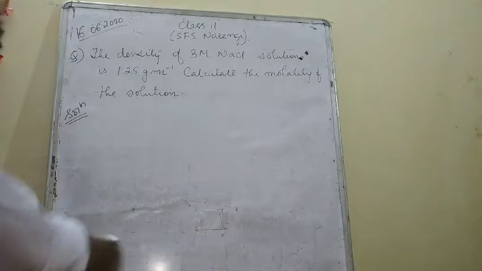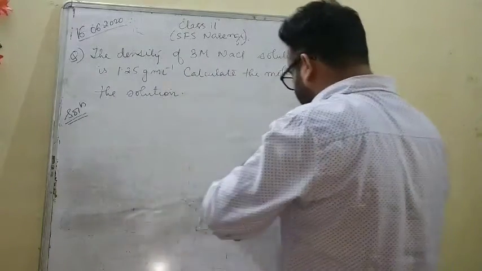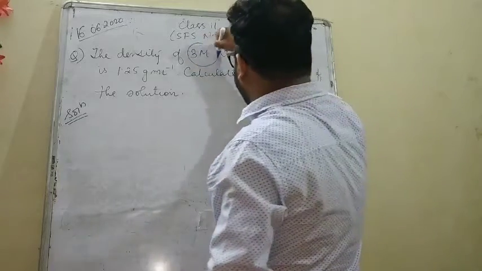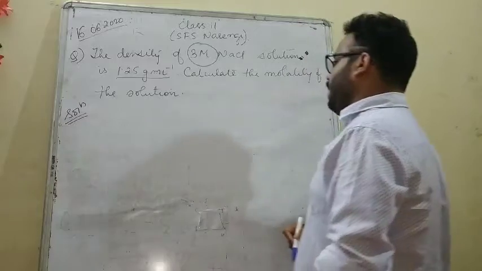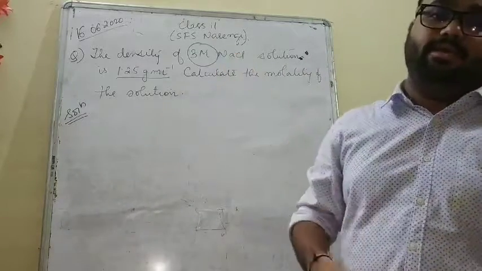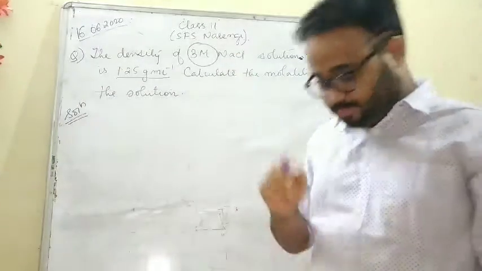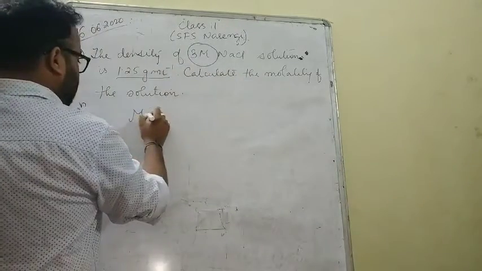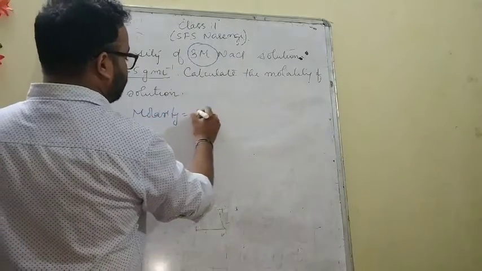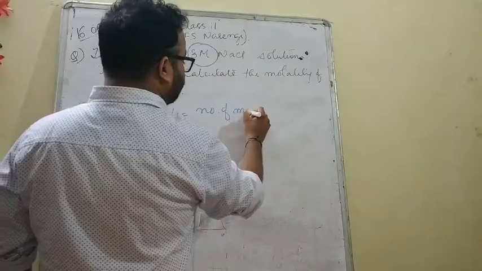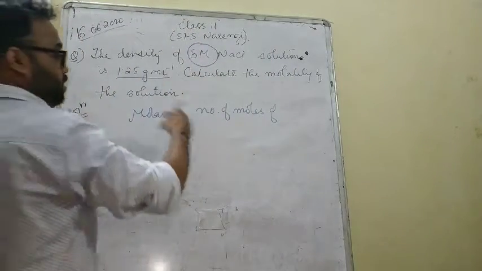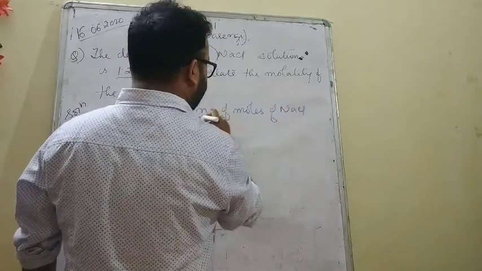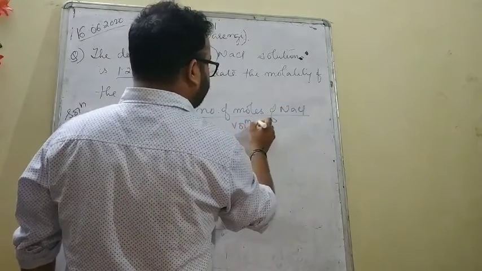So in this type of question, molarity is given to be 3 and density is given to be 1.25 gram per ml. So from molarity, you write the formula first. The formula is molarity equals number of moles of NaCl, the solute here is NaCl, divided by volume of solution in liter.